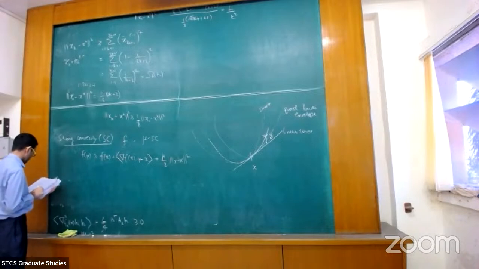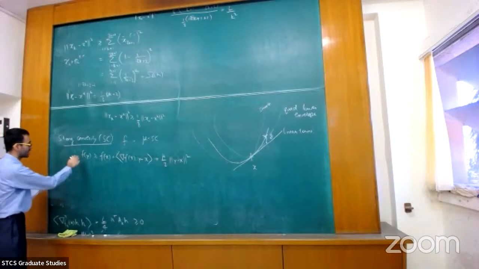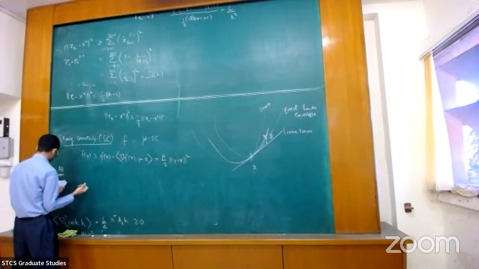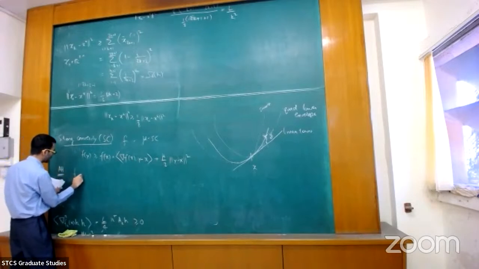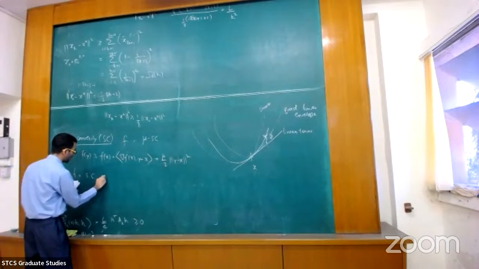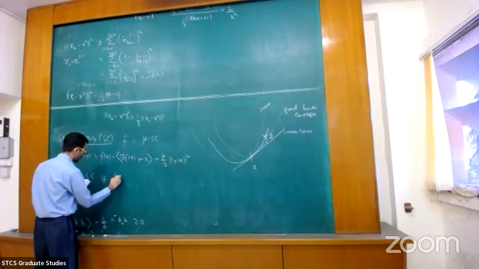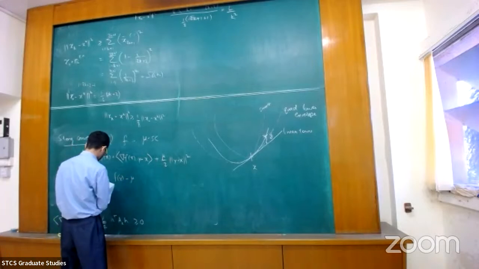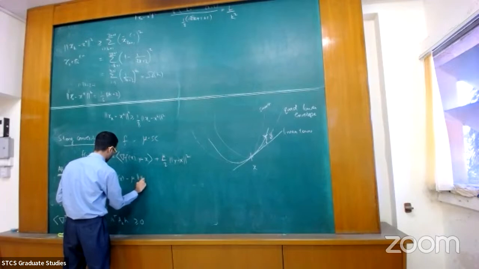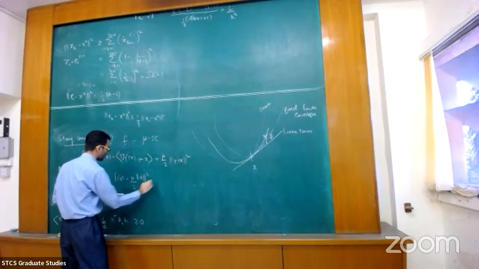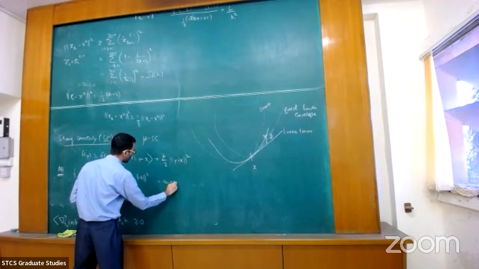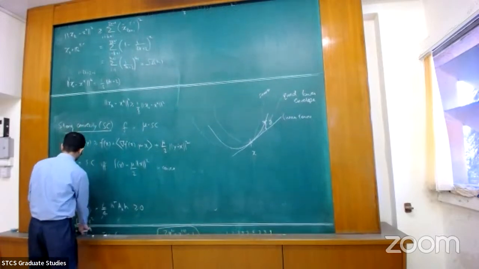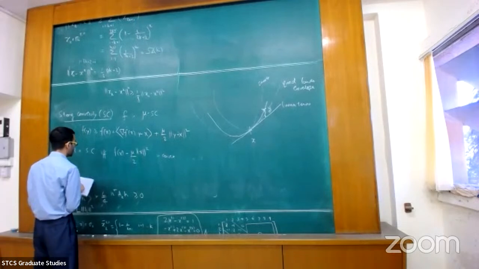Here let's give alternate definitions. These are useful things to know. f is strongly convex if and only if f of x minus mu over 2 times x square is convex. That's one alternate definition.